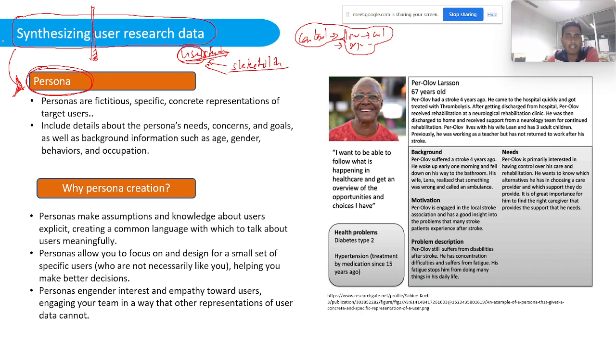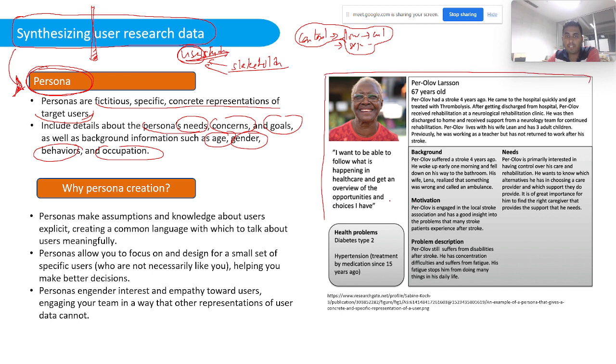Personas are nothing but fictitious representations of target users. In persona creation, you bring all the stakeholders' needs, concerns, goals, and their background information like age, gender, and behavior into one sheet of information.